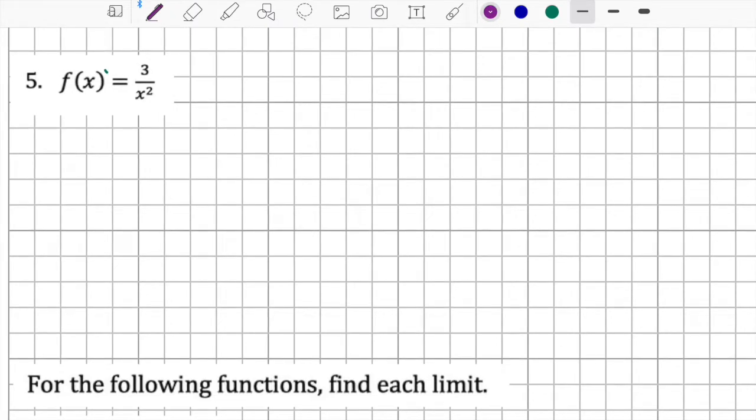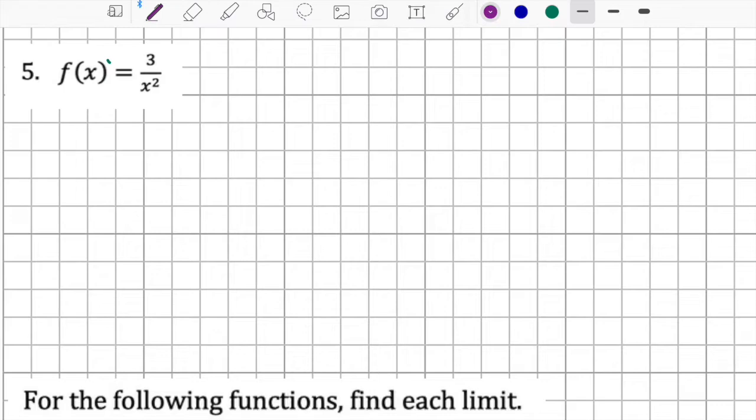So here we go. Again, I need to find out what is f of x plus h. So we are going to replace the x with x plus h. So it'll be 3 over x plus h squared.